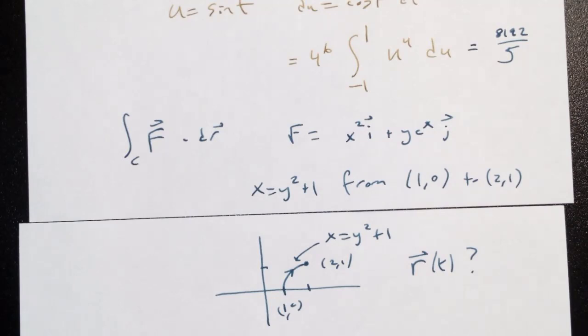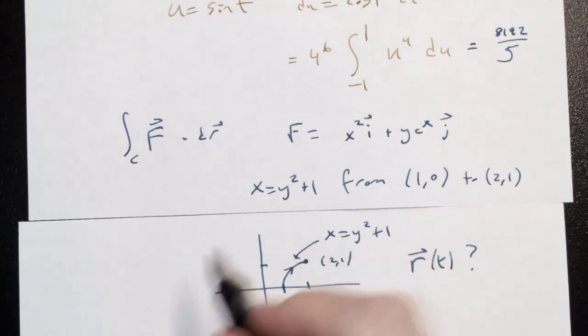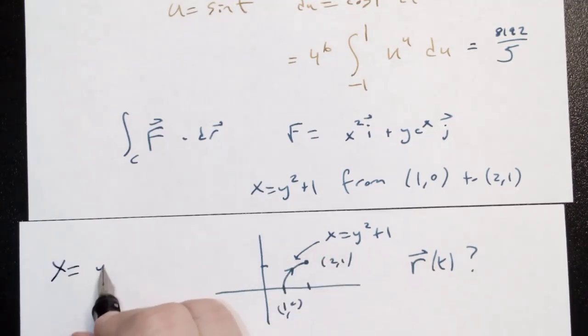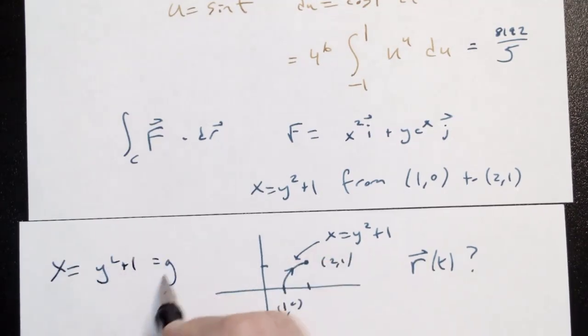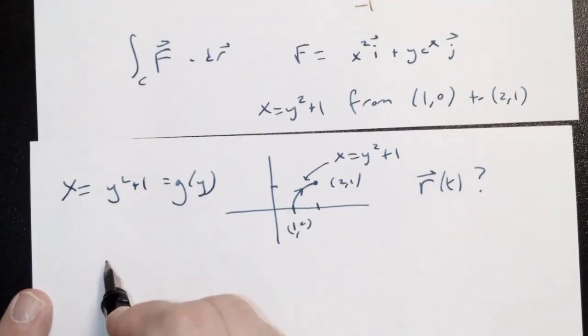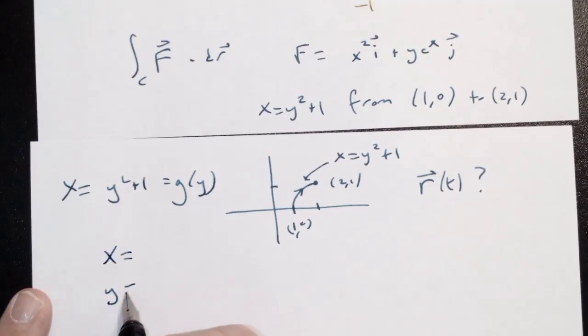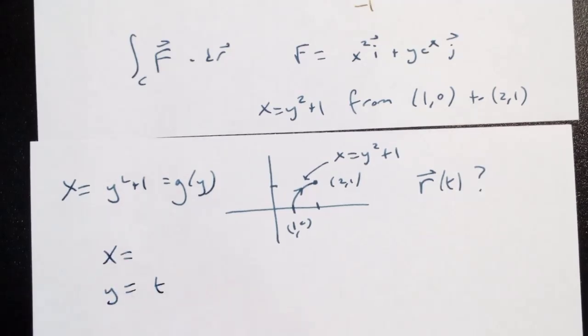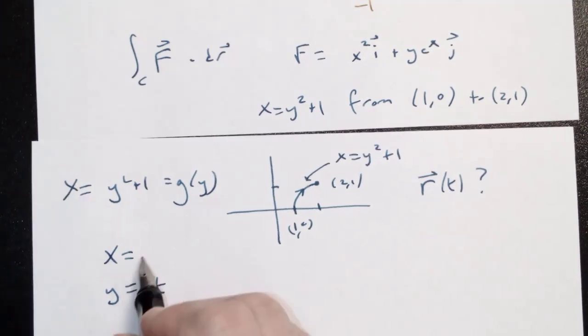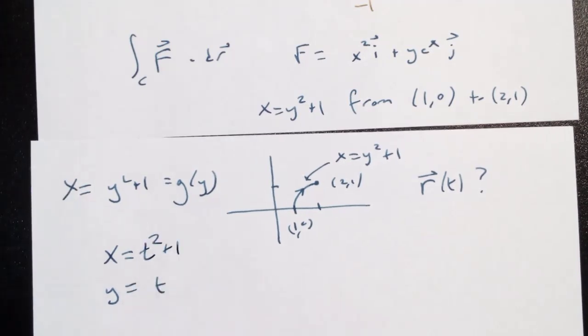I have an advantage. I can think of this graph as a function of y, right? So what if I were to make my parametric equations? Well, y is just t. Then what's x? Oh, it's my function of y.